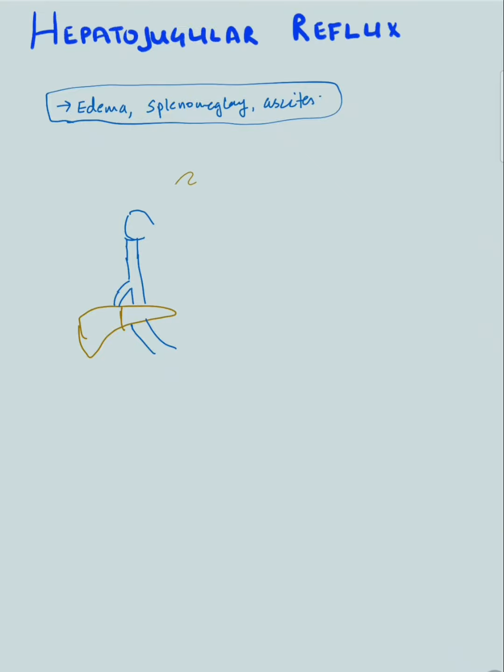This is the right atrium, and this is the tricuspid valve, and this is the right ventricle. From above we have the superior vena cava and also the jugular veins coming in.